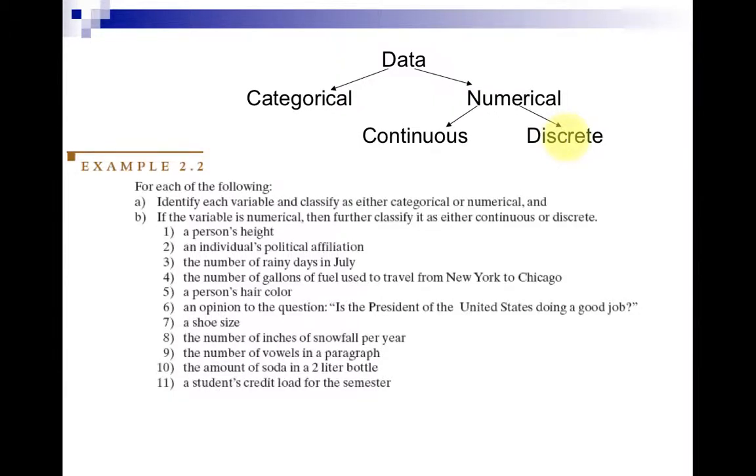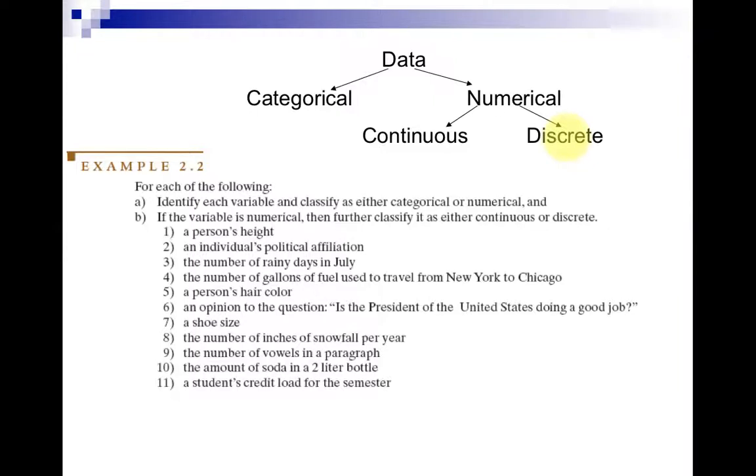For example, you have size 5 and size 5.5, size 6 and size 6.5. There aren't an infinite number of shoe sizes between 5 and 5.5. Shoes only come in half sizes. And so, because of that, we say shoe size is numerical and discrete.